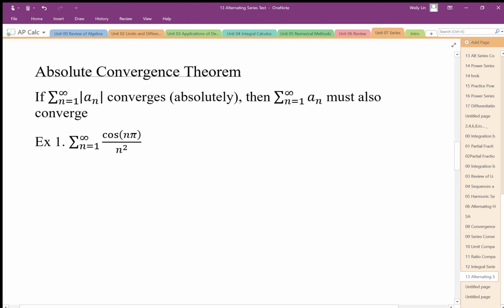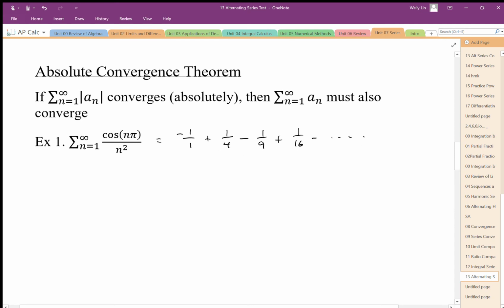If we write out the terms, we're going to end up with cosine of pi, which is -1 over 1, plus cosine of 2 pi, so it's going to be 1 over 4, and minus 1 over 9 plus 1 over 16 minus. So this is essentially an alternating basel series.